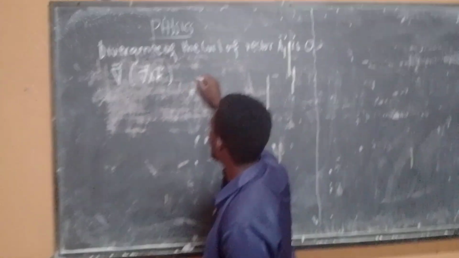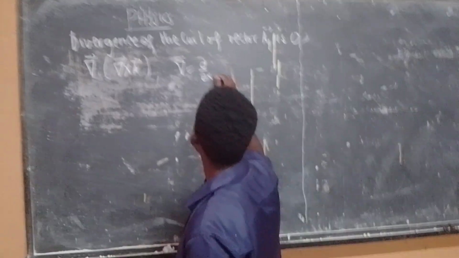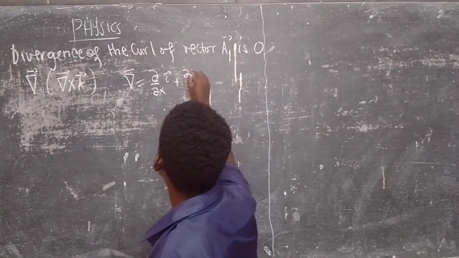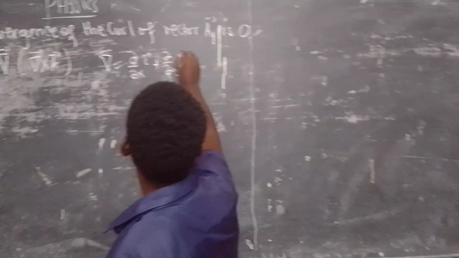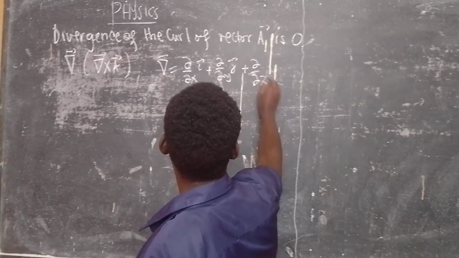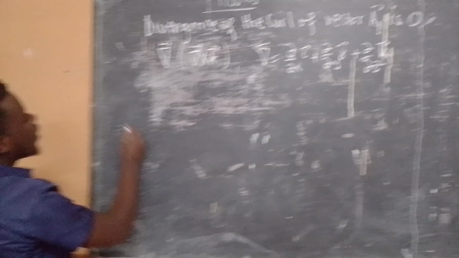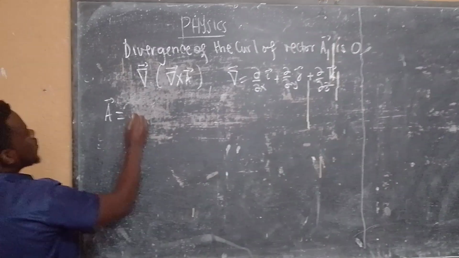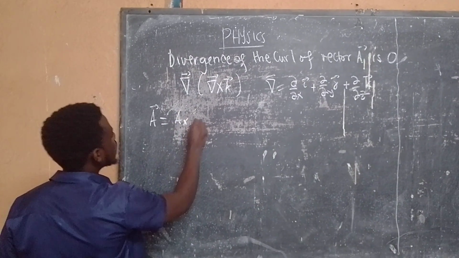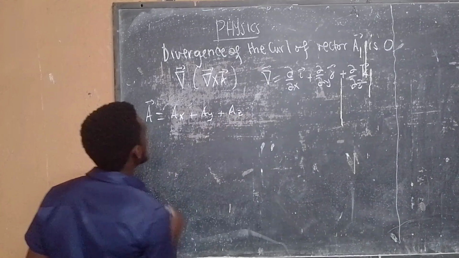As we know, this nabla is the partial derivative with respect to x, i, plus with respect to y, j, plus with respect to z, k. And this vector A is having the component on x plus the component on y plus the component on z.